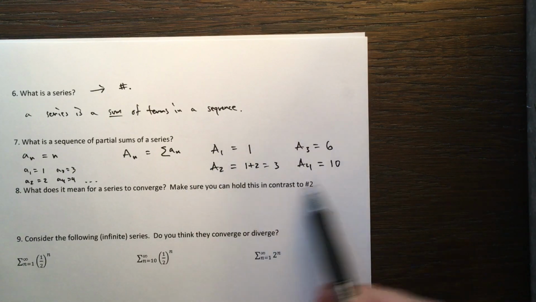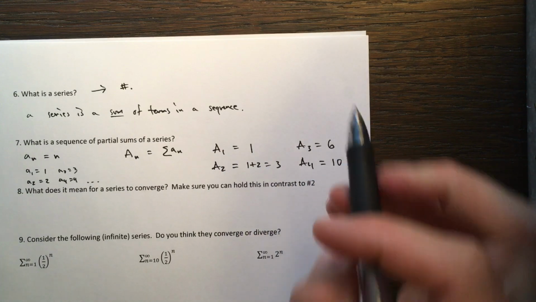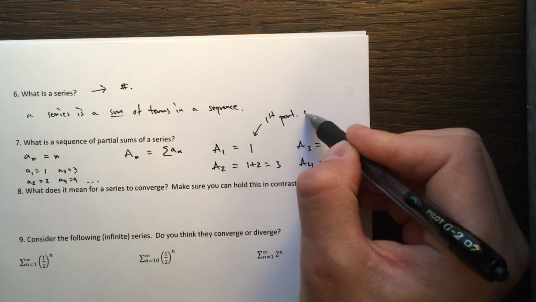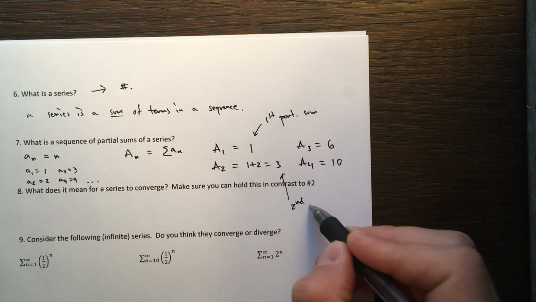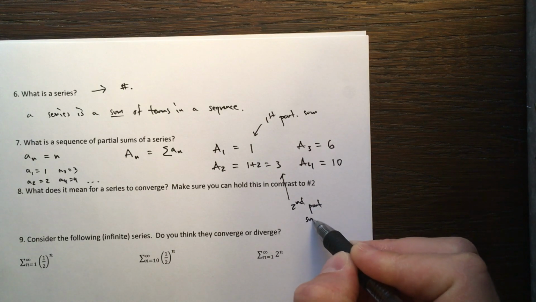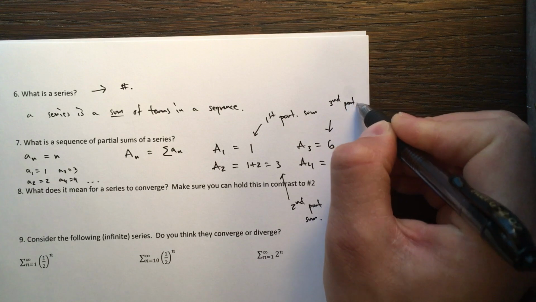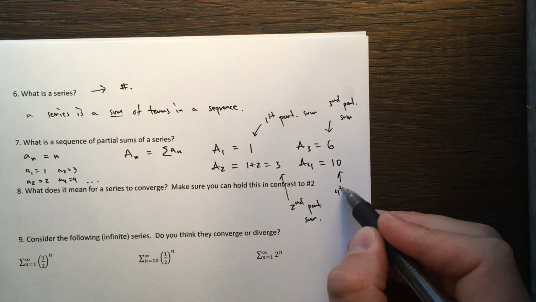Now this right here is a sequence of partial sums. This is what we would call the first partial sum. This is the second partial sum. This is the third partial sum. And this is the fourth partial sum.